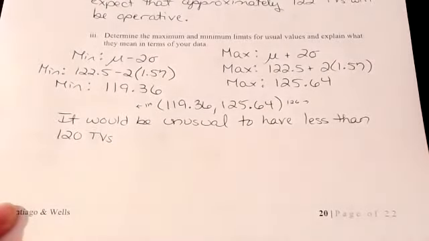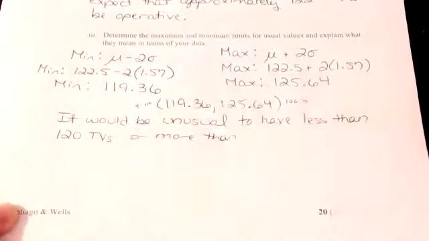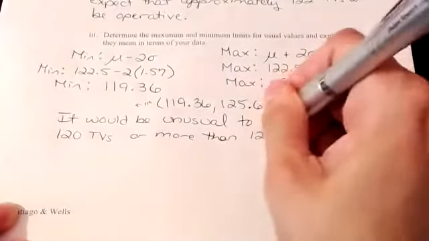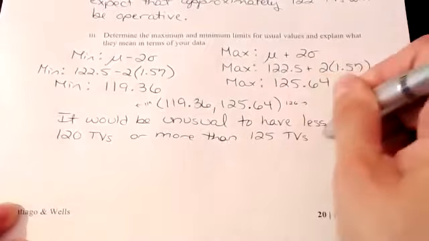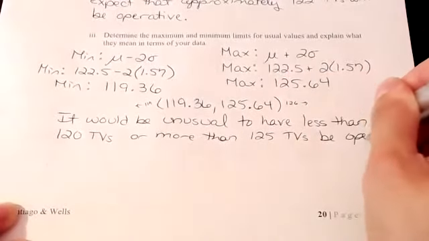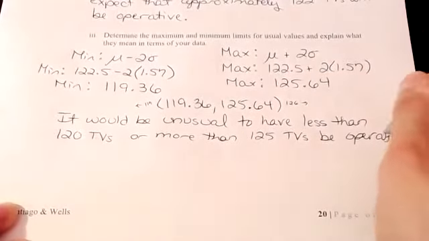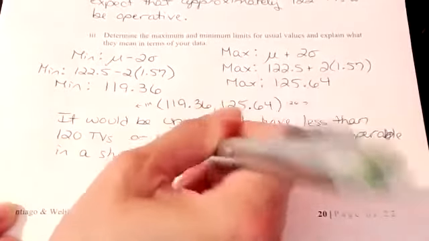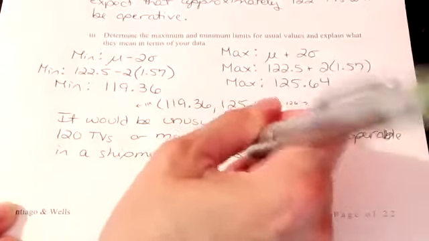It would be unusual to have less than 120 TVs or more than 125 TVs be operable in a shipment of 125 TVs.